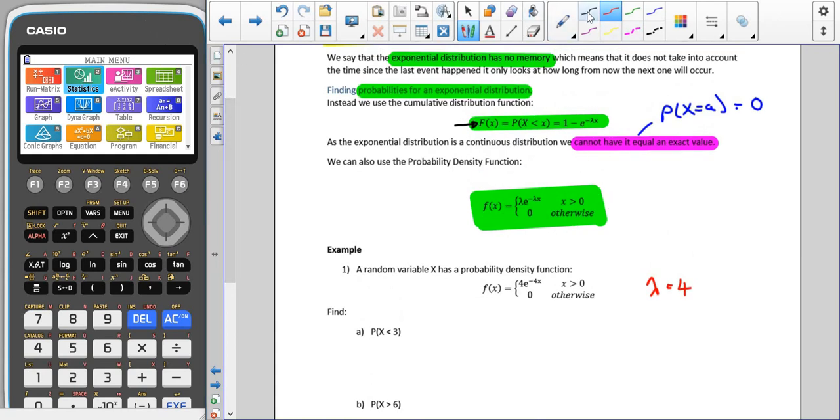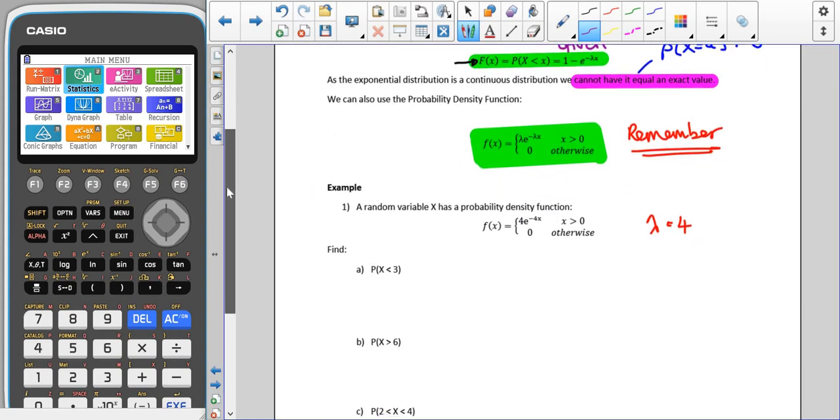Unfortunately, you are not given this in the exam. You have to remember this. However, we are given this information here. That's quite important: we're given this one here, but we have to remember this one to be able to pick out the value of lambda.